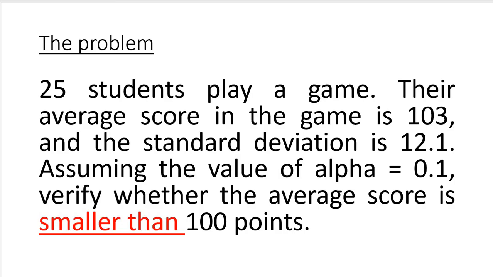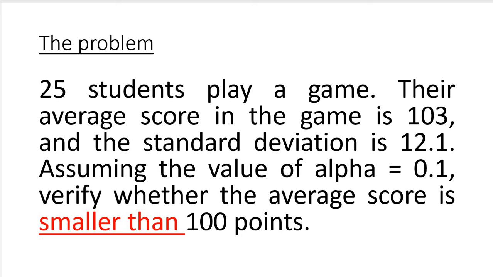Now let us imagine that our research task is slightly different and we want to investigate whether the average score is smaller than 100 points. Again, I know it looks kind of ridiculous because you see that the mean is 103, so obviously it cannot be smaller than 100 points, but sometimes you need to do things like this, as you're going to see later.